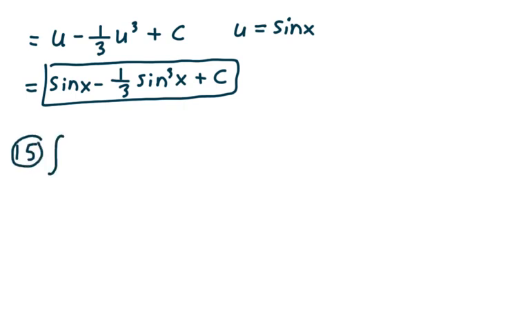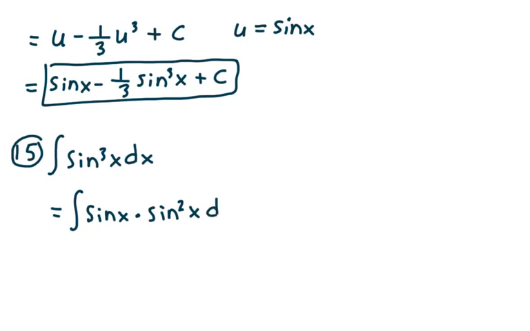Let's take a look at 15. Suppose we have the integral of sine cubed x dx. So I'm going to do something very similar to problem 14. But here I'm going to peel off a sine of x, and essentially what I'm going to do is take sine cubed x and rewrite it as sine x times sine squared x.